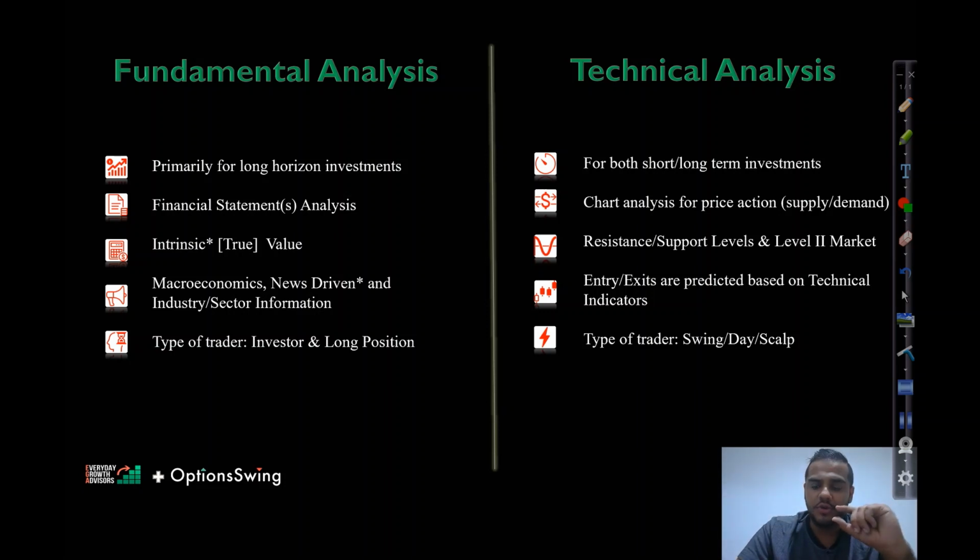And this value would help you ascertain if Facebook is now oversold or overbought. So if Facebook is trading at $210, for example, it's not right now, but I'm just giving you an example. If Facebook's trading at $210 and the intrinsic value is $190, you know that the stock has been overbought.